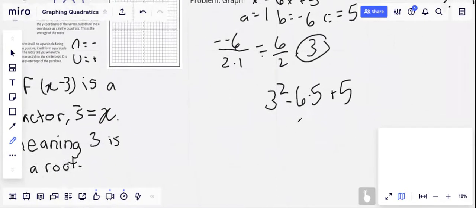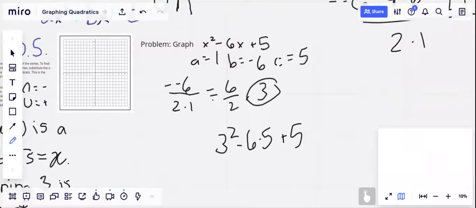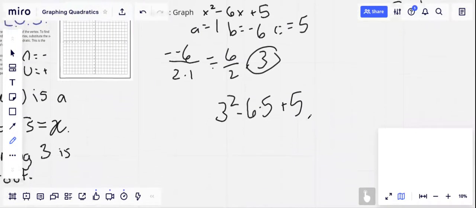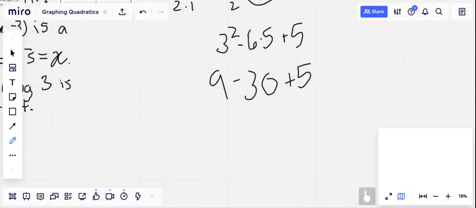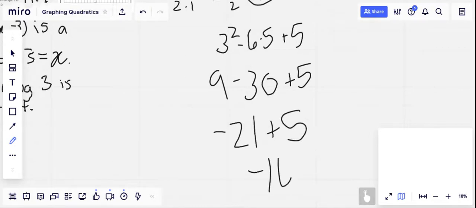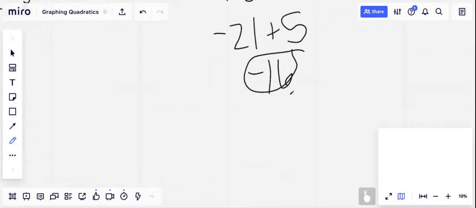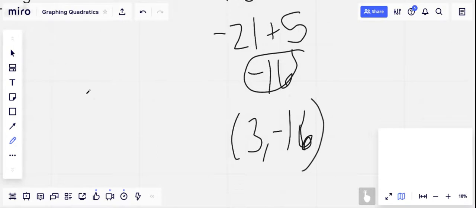So 3 squared minus 6 times 3 plus 5. 3 squared is 9, minus 6 times 3 is 18, plus 5, which simplifies to 9 minus 18 is -9, plus 5, which is equal to -4. So -4 is the y coordinate, and 3 is the x coordinate, so 3 comma -4 is the complete vertex.